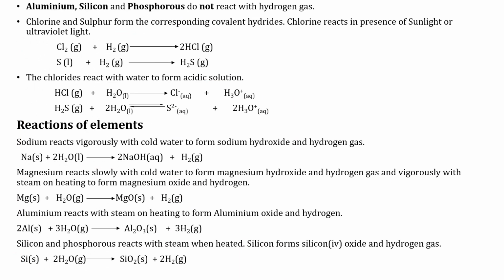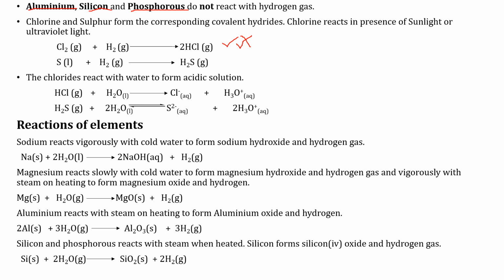Now we are saying that aluminium, silicon, and phosphorus do not completely react with hydrogen gas. When you are answering inorganic chemistry, you are always awarded marks in the bracket. I've told you each of these equations is going to carry 1.5 a mark. So always look at the mark allocation that has been given, like when you open a question bank. The marks that have been given aside will help you determine how far you should read, how far you should write.